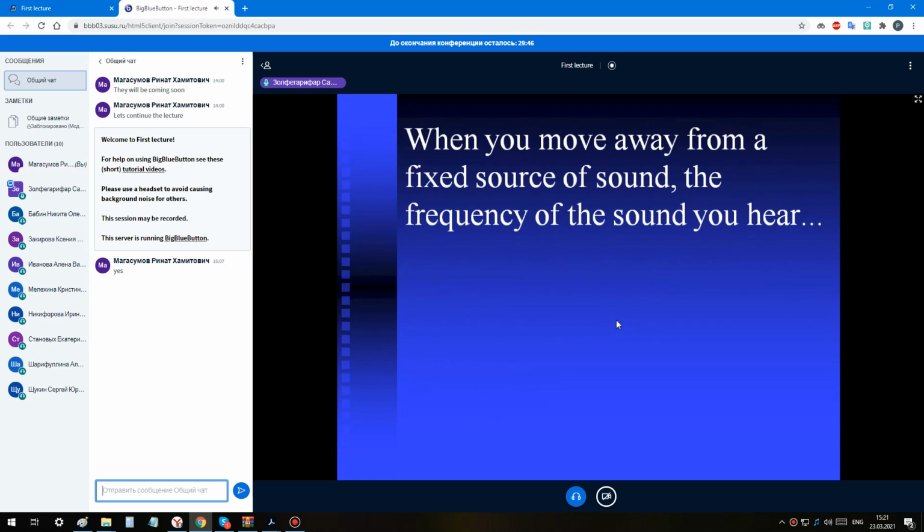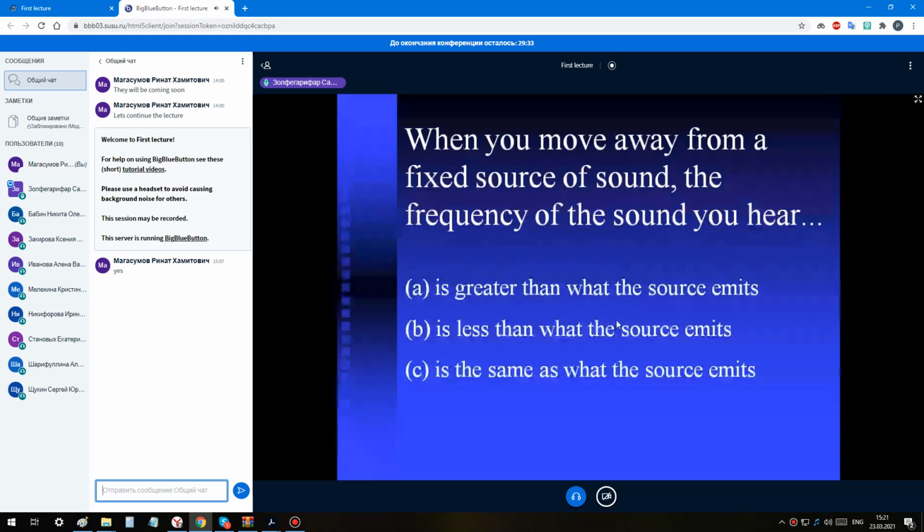Next question. When you move away from a fixed source of sound, the frequency of the sound you hear: A, is greater than what the source emits. B, is less than what the source emits. C, is the same as what the source emits.